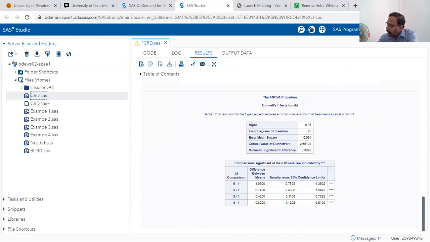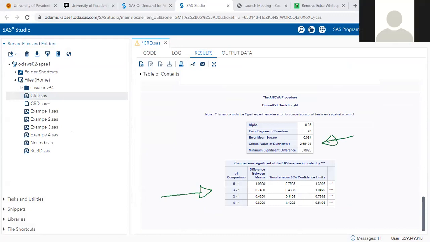Which one has the computer assumed as control? Yes, the first treatment it considered as control.